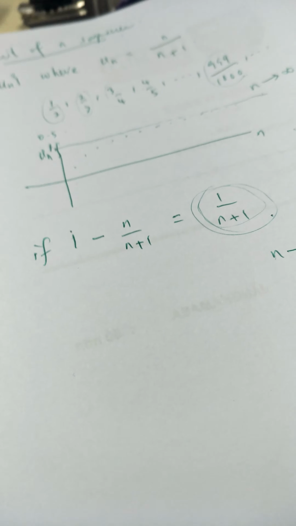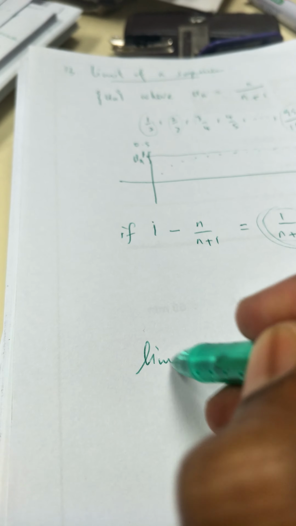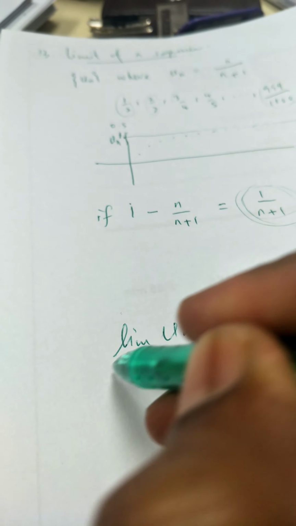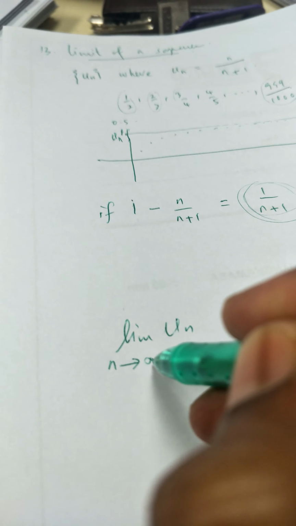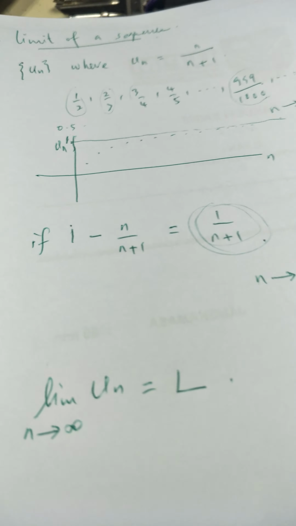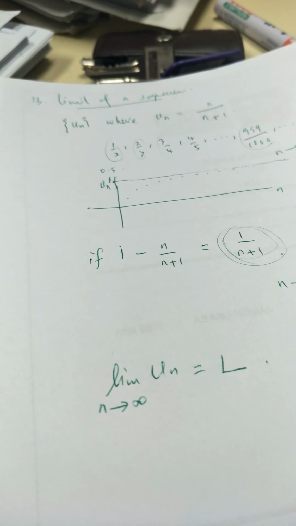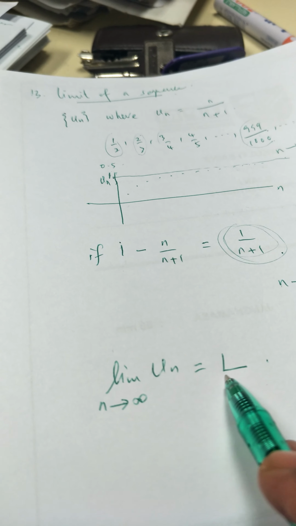So we can give a formal definition of the limit. We write the limit of u_n as n goes to infinity equals some number L. This is the definition of the limit of a sequence.